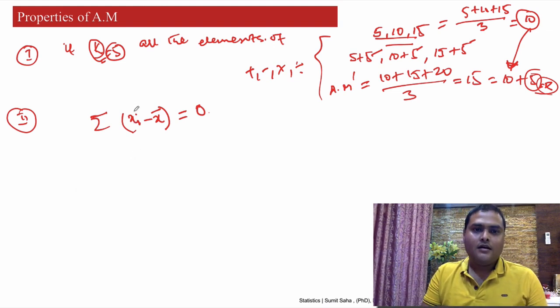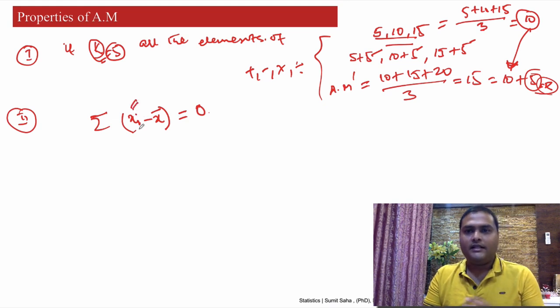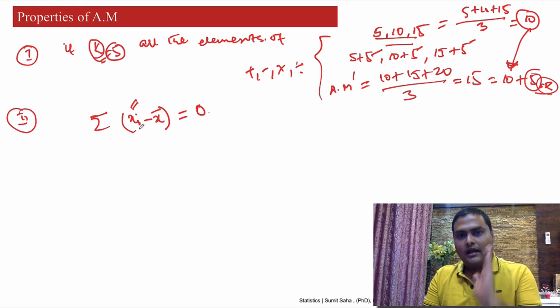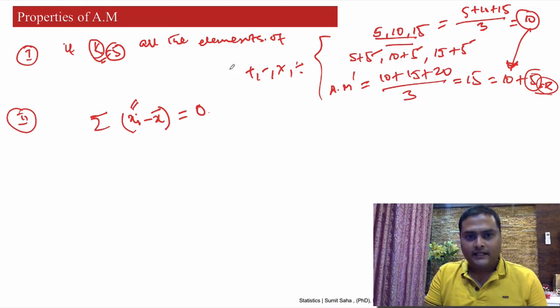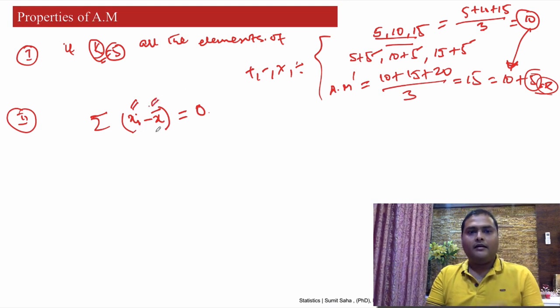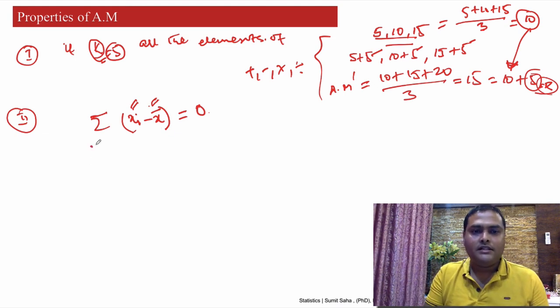If you subtract the arithmetic mean x bar of the given data from each and every element, that means x1, x2, x3, xi, and you make the summation of that, it will always be 0. And for frequency data, it is also valid.